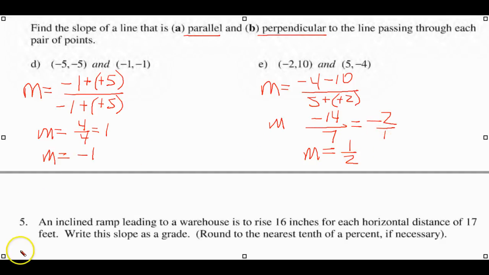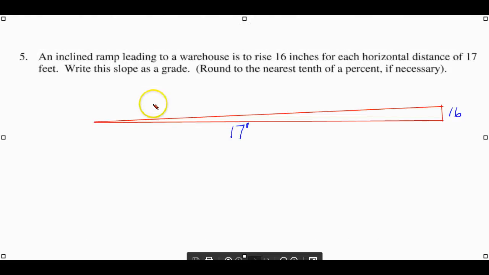And we can pause and answer your questions. To set this up, and you usually get one like this on your test, you have to be careful of what they're asking. They're saying here's a ramp that is 17 feet long and has a rise of 16 inches. This little slash is a symbol for feet, and this is a double slash symbol for inches.